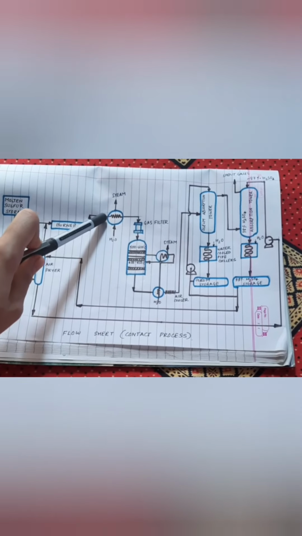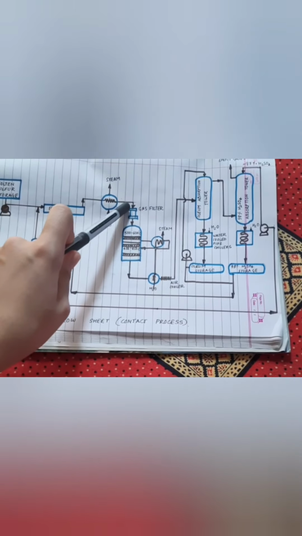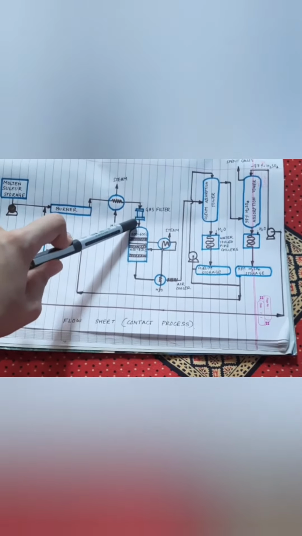This moisture-free or dried air combines with the molten sulfur and is sent to the burner where it burns to produce SO2 gas. This SO2 gas is passed through a gas filter where all its impurities are removed. Thus, step 1, the formation of SO2, is completed here.